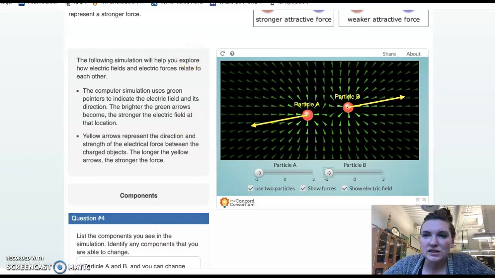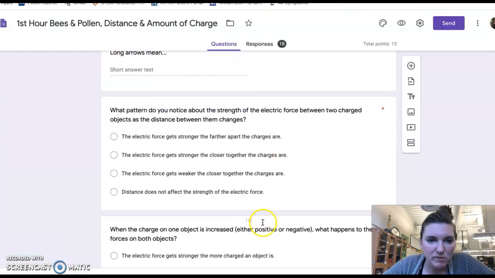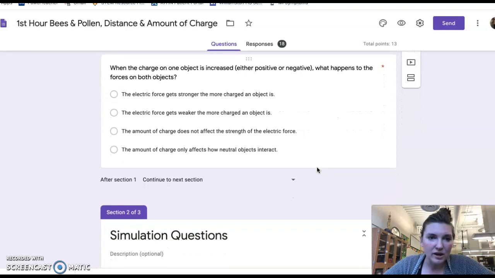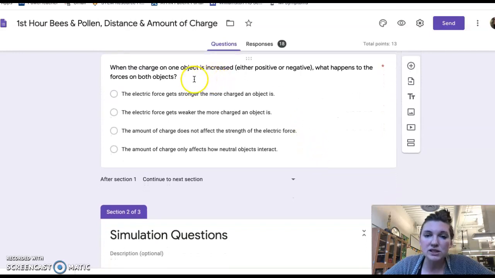Okay, so let's come back here. What pattern do you notice about the strength of the electric force between two charged objects as the distance between them changes? The electric force gets stronger the closer the charges are, okay? When the charge on one object is increased, either positive or negative, what happens to the forces on both objects?